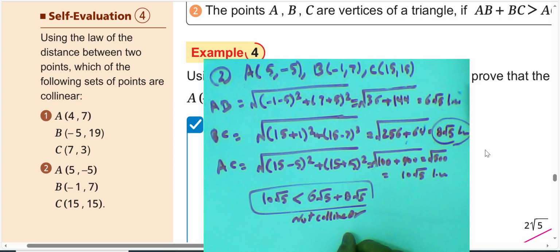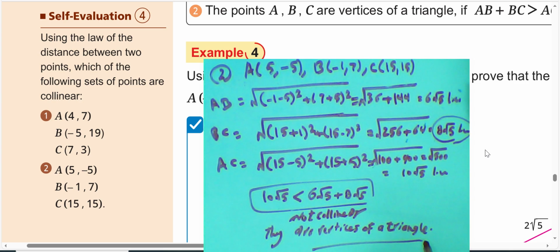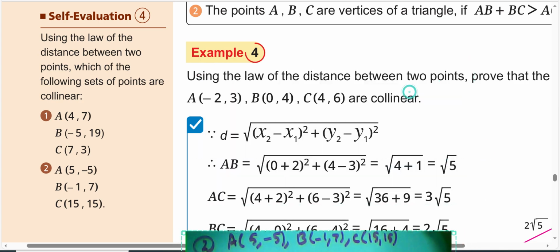Then A and B and C, we call them vertices of triangle. Okay, understood? They are vertices of triangle, not collinear.